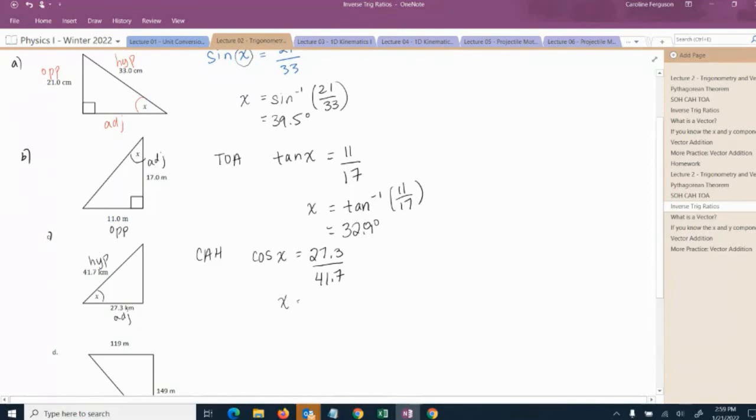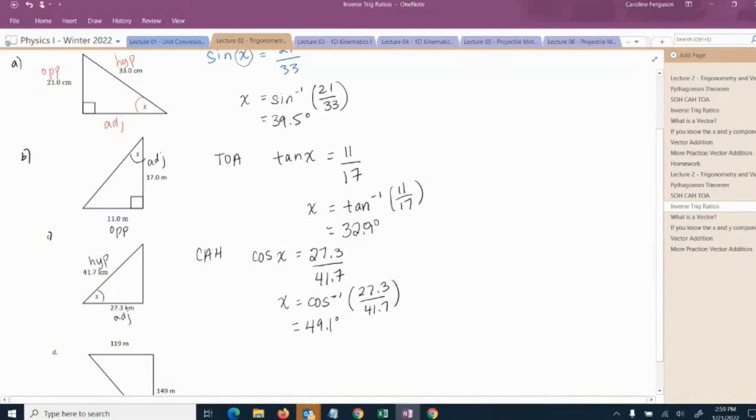So I'll solve for x by bringing the cos to the other side, but we have to do inverse to bring it over. 27.3 divided by 41.7. And we get 49.1 degrees.